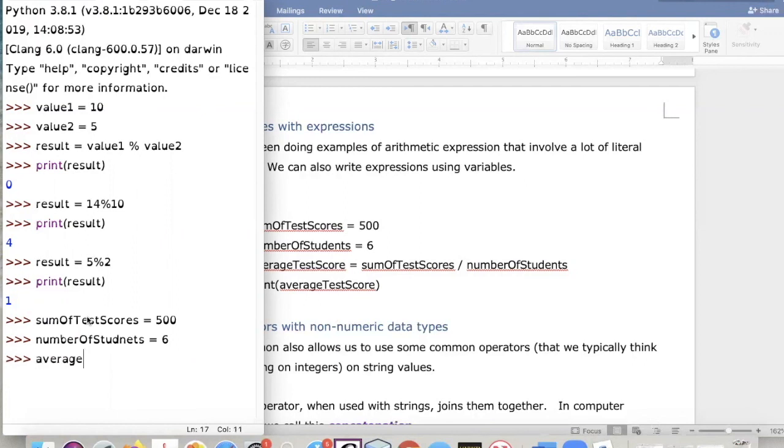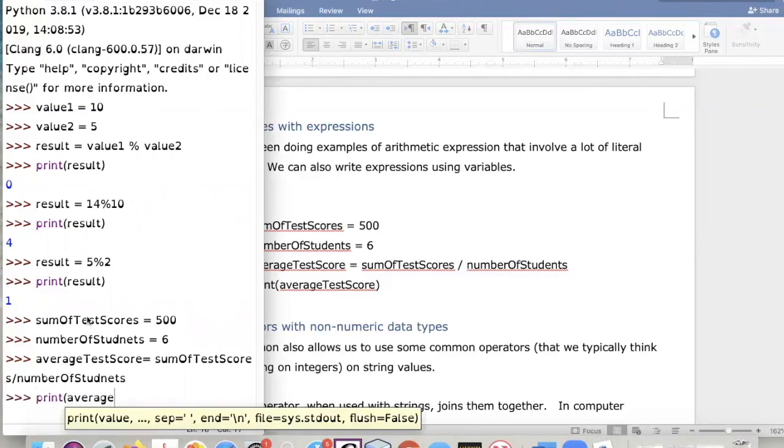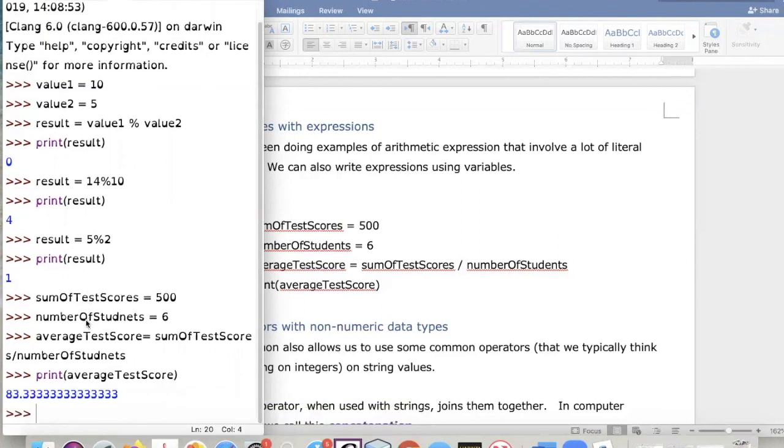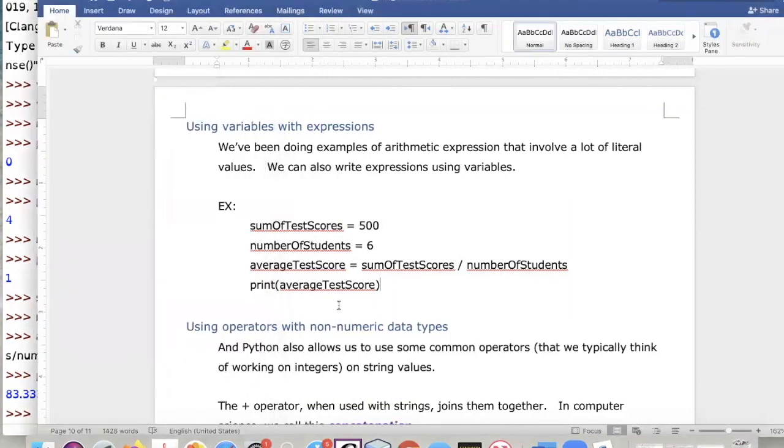And then I set the average test score to be the sum of test scores divided by number of students. I print the result. It's going to print 83.333333. And again, if you had to use your calculator to calculate that, that's totally fine.